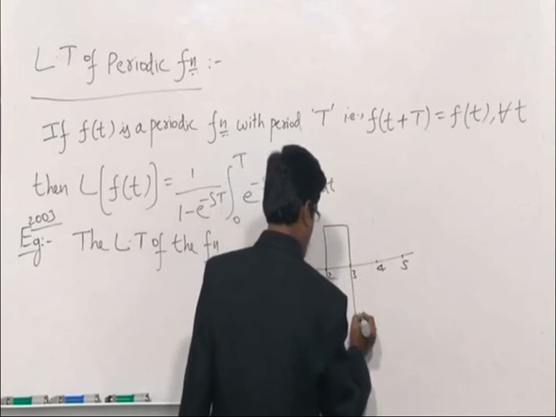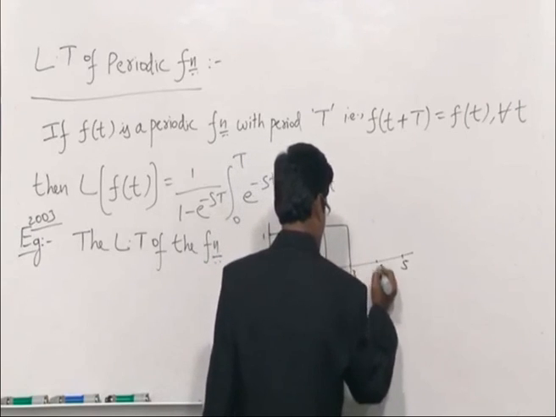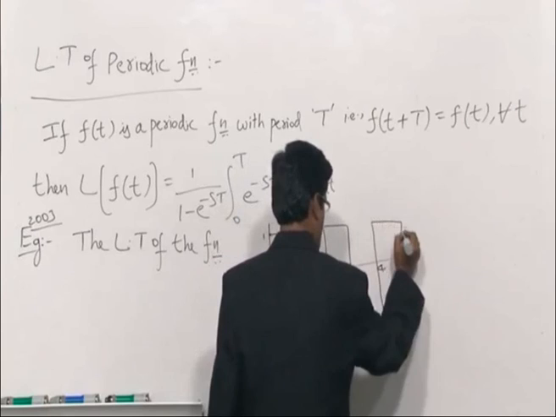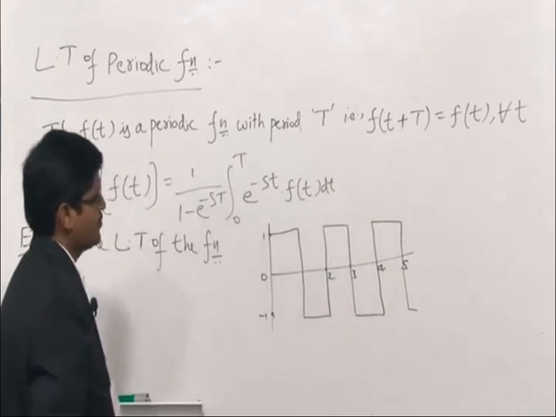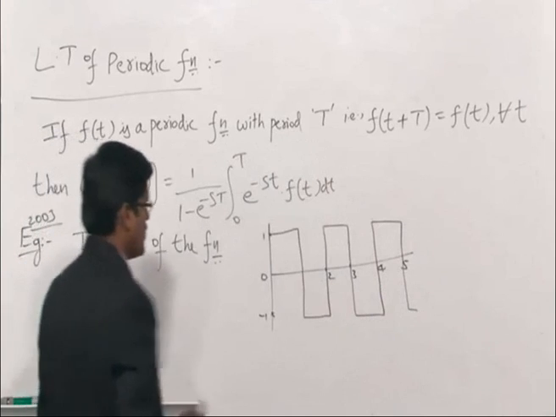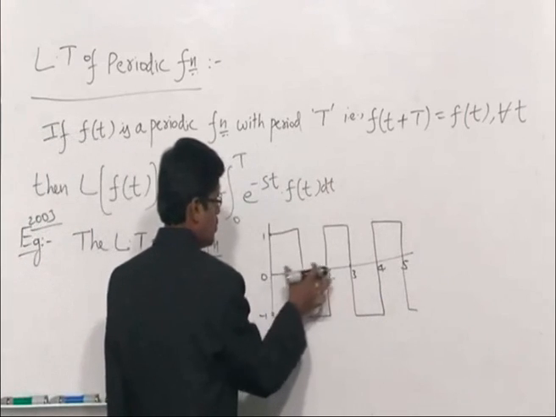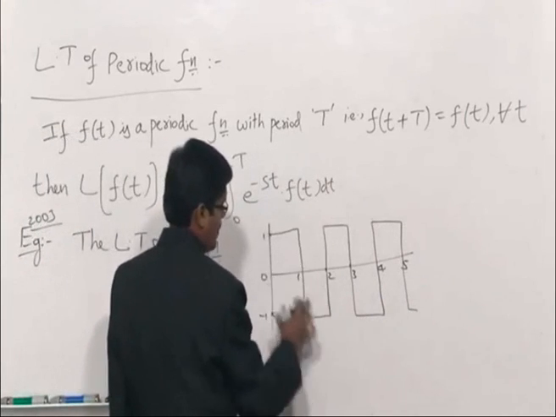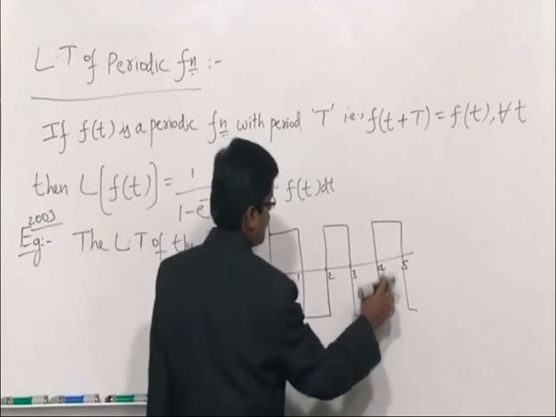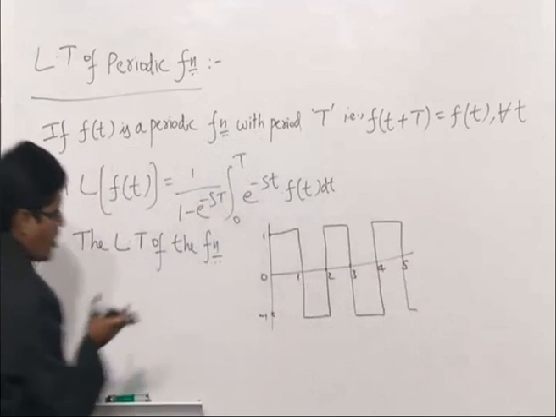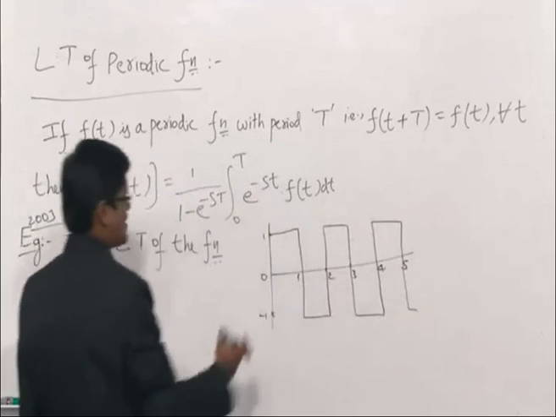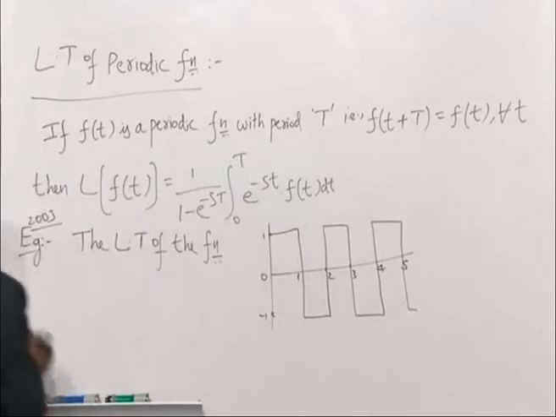This is a rectangular wave function whose length is 1. If you consider this from 0 to 2, the same shape is repeated from 2 to 4 and 4 to 6. So this is a periodic function graph, taking the horizontal axis t and the vertical axis f of t. Okay.